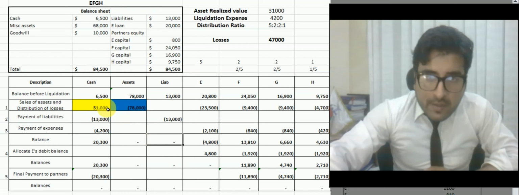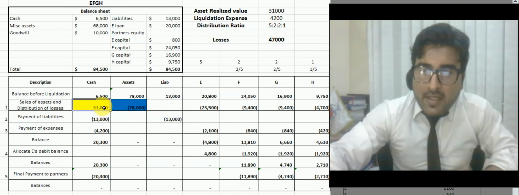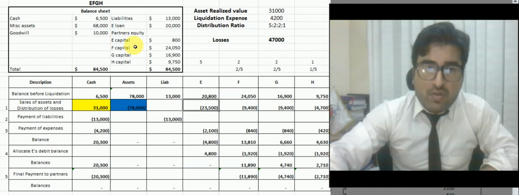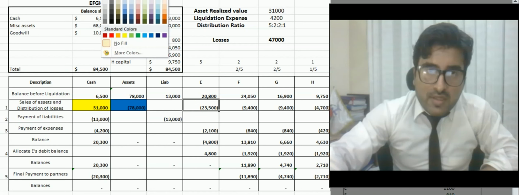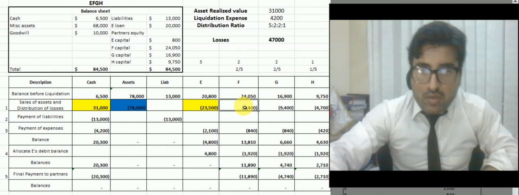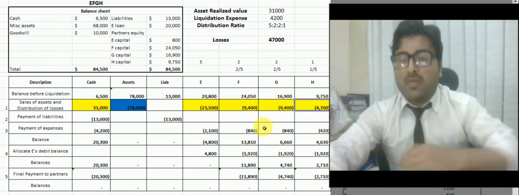So look here, this one is an increase in cash, that is asset debited, and a decrease in asset is credited, right? And this is capital, this is in a bracket, decrease. So decrease is what? Decrease is debit. So we make debit yellow. And this is also debit, and this is debit, and H is also debited.